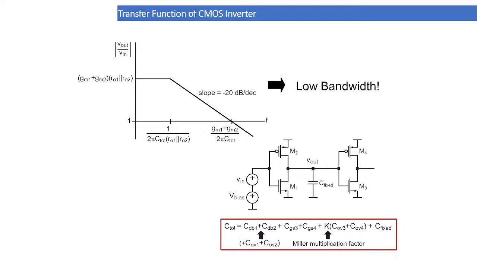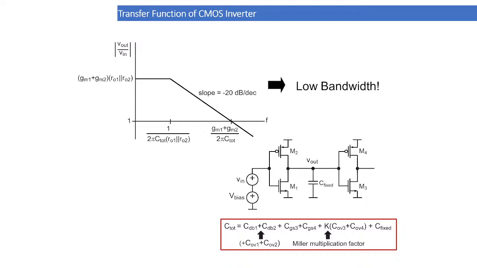Up to that point it will be constant. After that it will start decreasing and it will reach a value of 1. The amplification will be equal to 1, V out equal to V in, when F is equal to (GM1 plus GM2) by 2 pi C total.